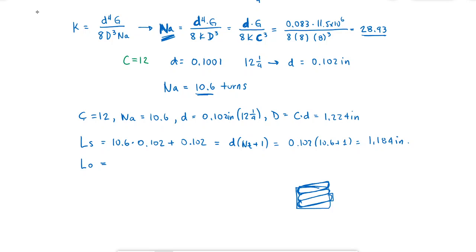Now the free length is just going to be however much the deflection is plus the solid length. So when I compress it fully and release, the solid length plus the deflection delta is what would give me the free length, right? So to do that, I need to know this deflection.